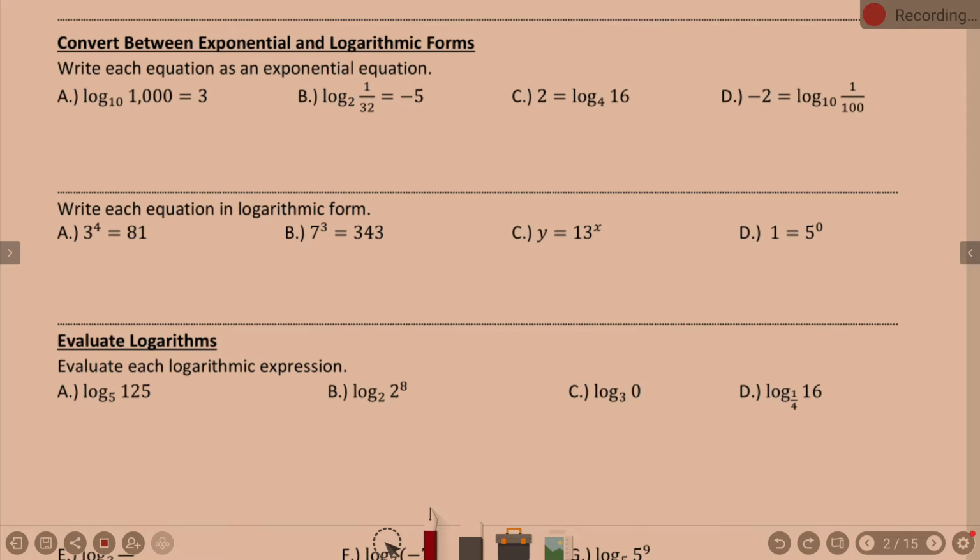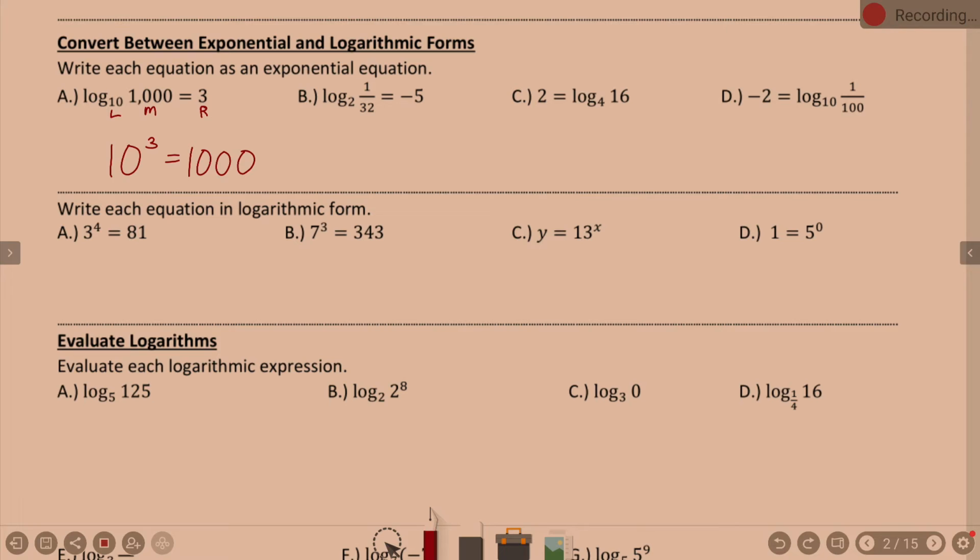If I just label these, 10 is my left value, 1,000 is my middle, and 3 is my right value, yes? So left, right, middle says I'm going to rewrite this as how? 10 to the third equals 1,000. 10, so left raised to the right equals the middle.